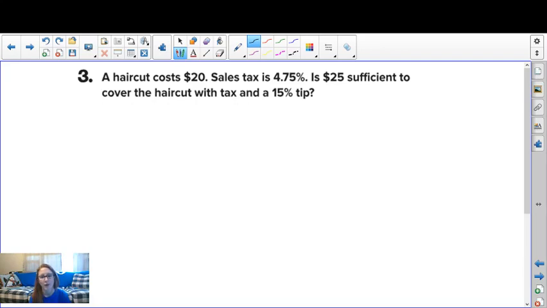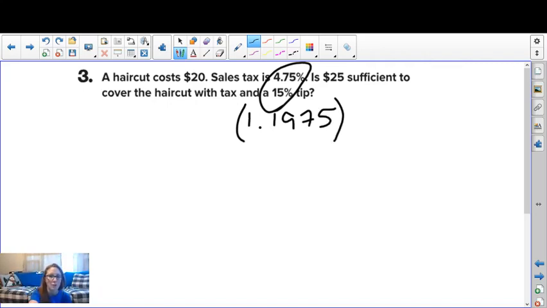Or you could find the sales tax and then add it. Doesn't really matter which way you add it. At some point, you're going to add them. What I like to do, because I try and do things the easiest way, is add the percentages together, which would give me 19.75. And then that would be 119.75, so 1.1975. And I'm going to multiply that decimal by 20.